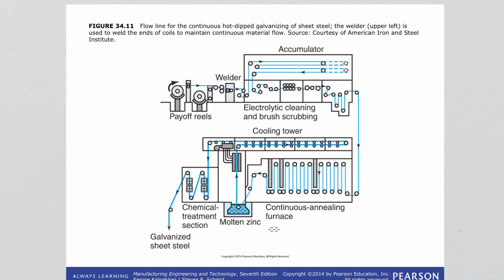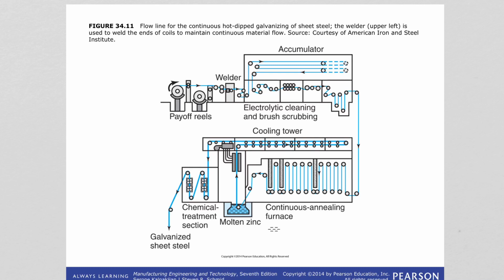A typical continuous hot dip galvanizing line for sheet steel is shown in the figure. The rolled sheet is first cleaned, then scrubbed by brushing.